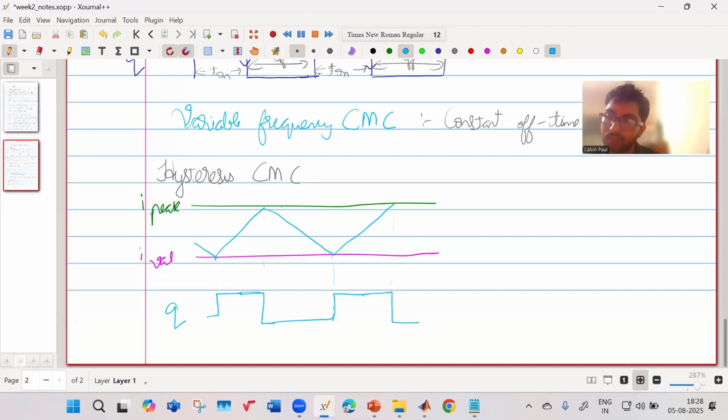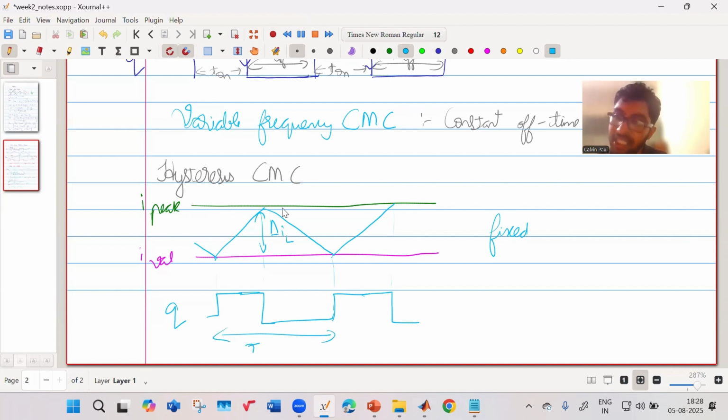So what we are essentially doing is we are controlling the ripple. The current ripple delta L is fixed using this hysteresis current mode control. All right. It is fixed. But this time period T can change.